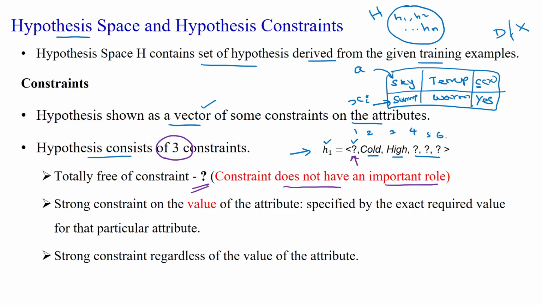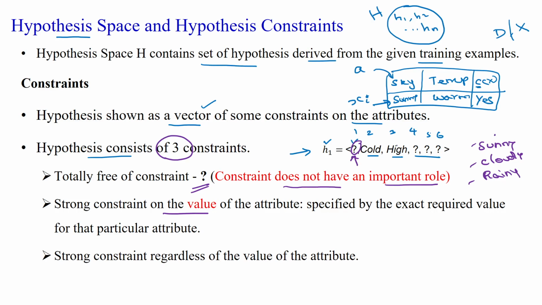Question symbol means, suppose sky has three values: sunny, cloudy, and the third value may be rainy. So the question symbol means it will accept sometimes cloudy or sometimes sunny or sometimes rainy, so any value it will accept. And the second constraint is the strong constraint on the value of the attribute.